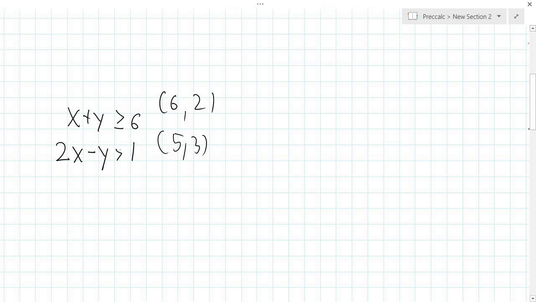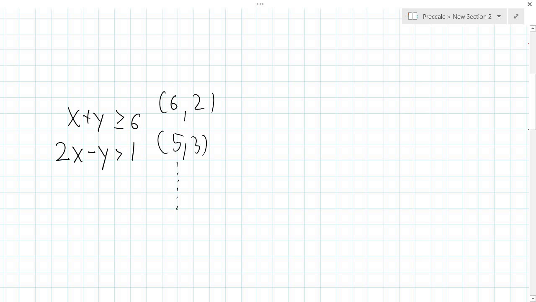Sometimes there are infinitely many, but all of those solutions fall along a line. In a system of inequalities, more often than not, there are infinitely many solutions. There's a ton of points that we could use that work in both inequalities.